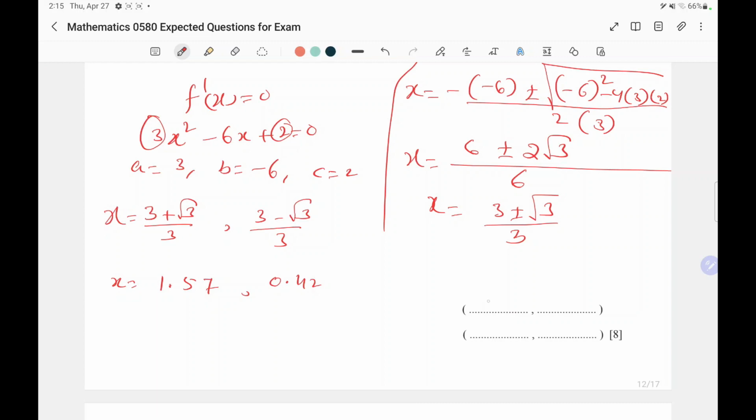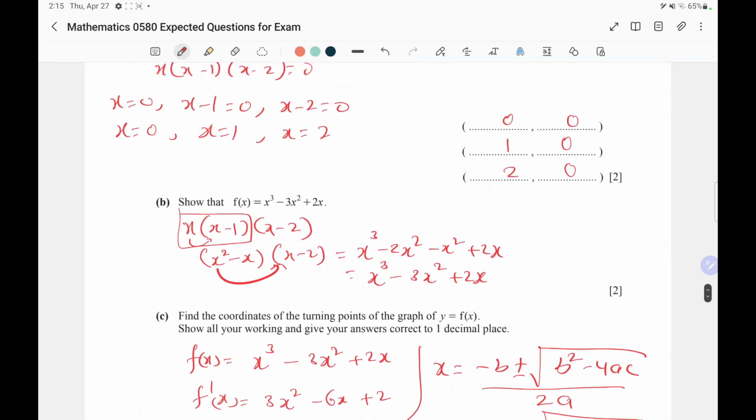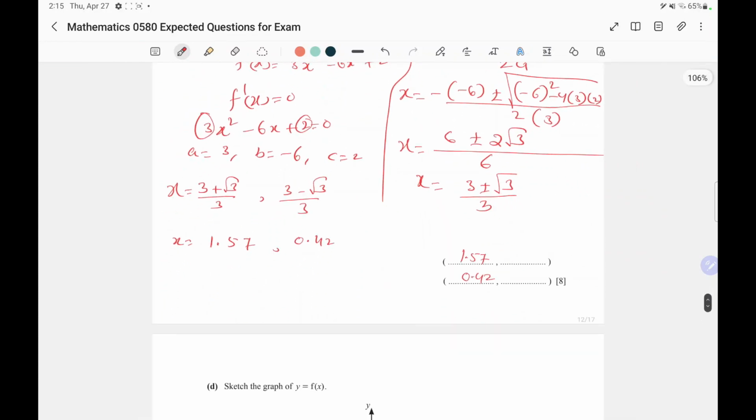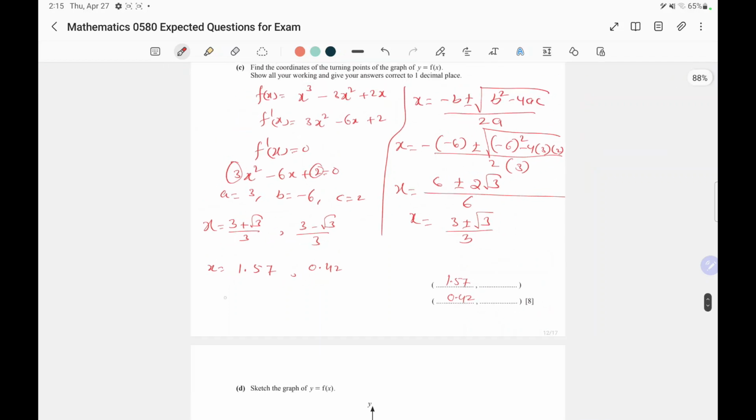Okay, so I got 1.57 and 0.42, but I need to get y as well, right? So for y, you can use this result f(x). Just get f of 1.57 and put it over here. So it will be 1.57 to the power 3 minus 3 times 1.57 squared plus 2 times 1.57.